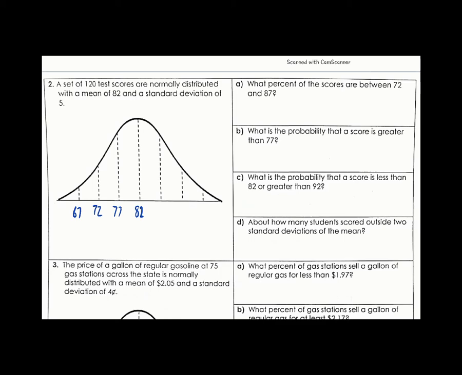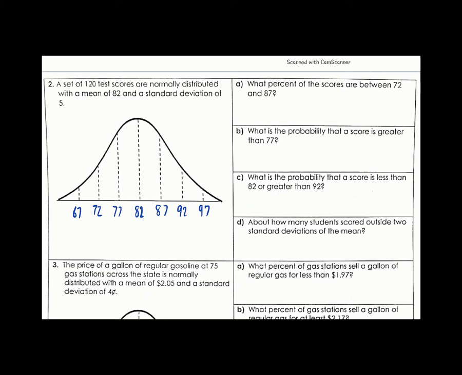Now let's go to the right. What's 82 plus 5? 87. 87 plus 5? 92. And 92 plus 5? 97. Okay? That is my mean and all of my standard deviations in both directions.